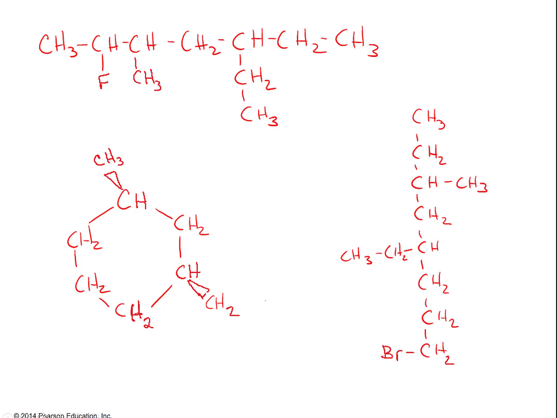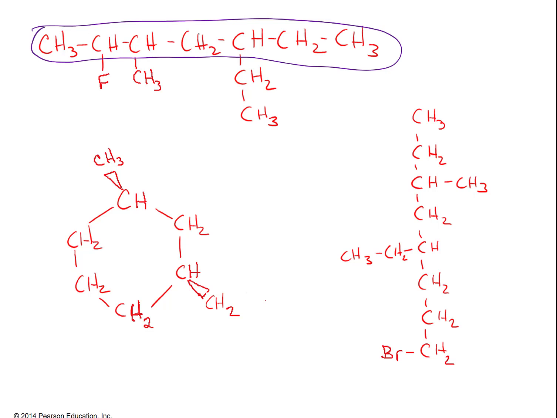And so in that first one in naming, remember that there's the 4 rules. We have 4 rules with naming them. We have 4 rules when drawing. So in the 4 rules with naming, you always find the longest carbon chain. So I see one here, 1, 2, 3, 4, 5, 6, 7. I see one here, 1, 2, 3, 4, 5, 6, 7. So it doesn't really matter, just pick one.